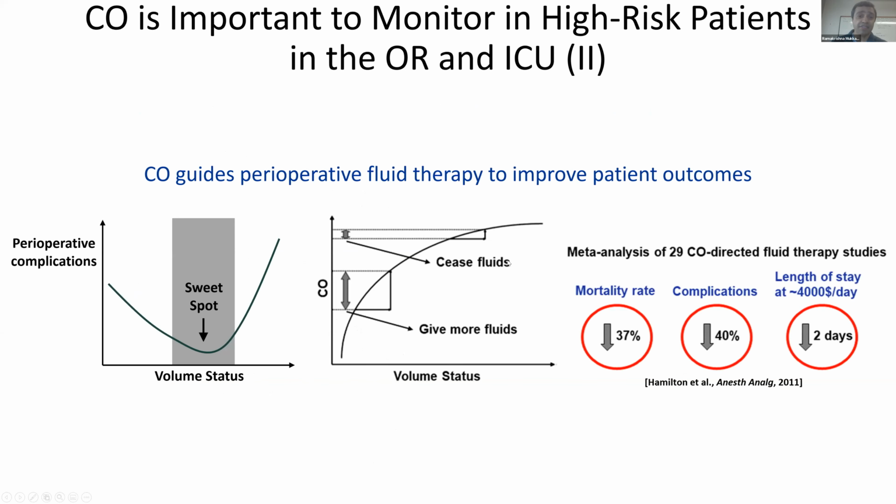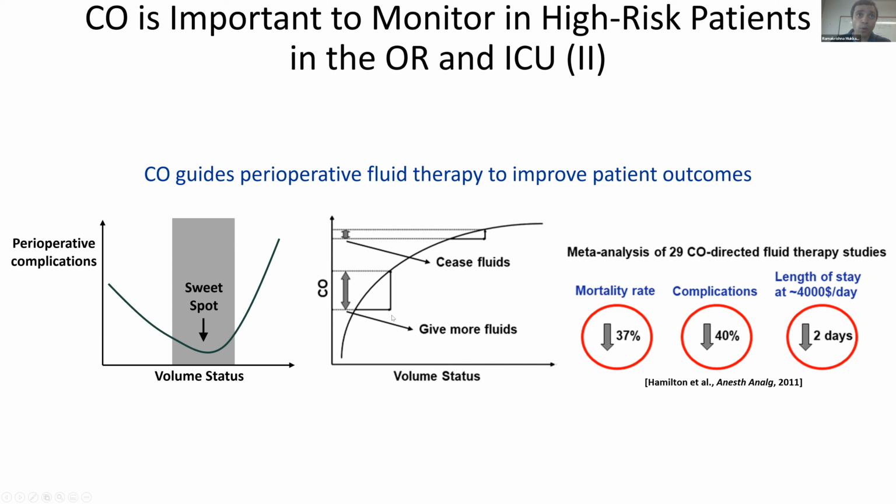Perhaps even more significantly, cardiac output monitoring can guide perioperative fluid therapy. During surgery, major surgery in particular, blood loss is common, and so it's very obvious to give fluids, but over-resuscitating the patient can be harmful. Cardiac output monitoring indicates when to cease fluid therapy.